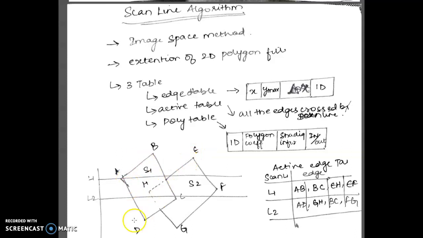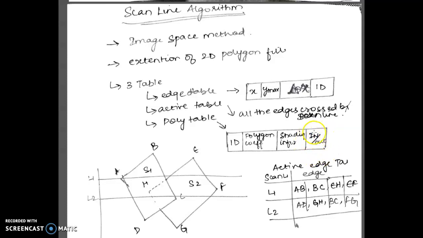Each polygon will be given an ID. In the active table, all the edges crossed by the scan line are stored. We will see soon what is stored in this active table. Next is the polygon table. In the polygon table, a particular ID for the polygon is given, along with the polygon coefficient, the shading information, and whether the point inside a polygon is in or out.